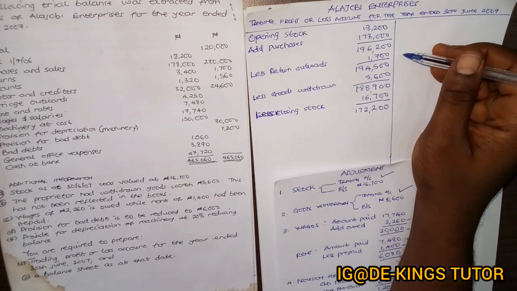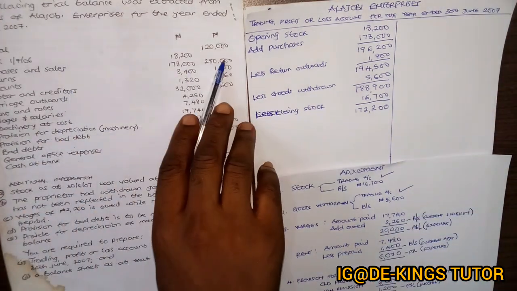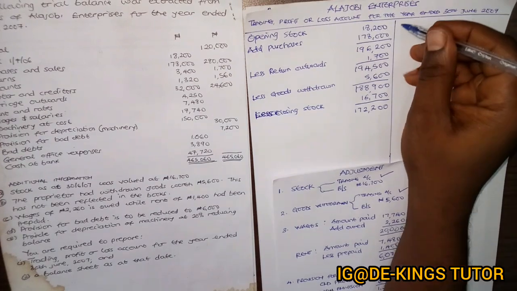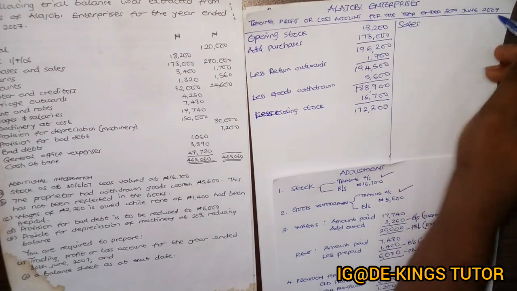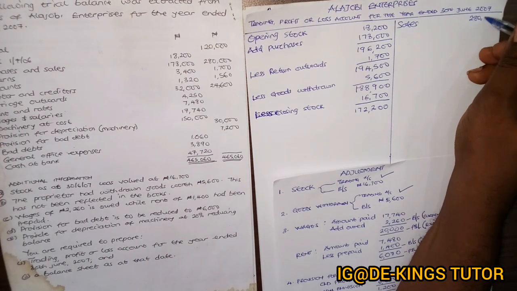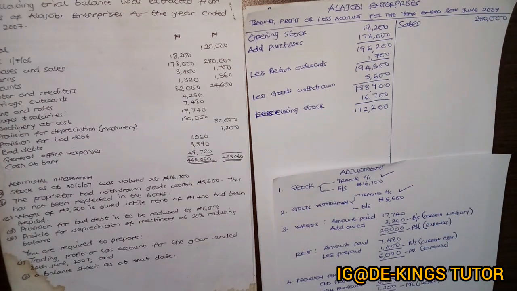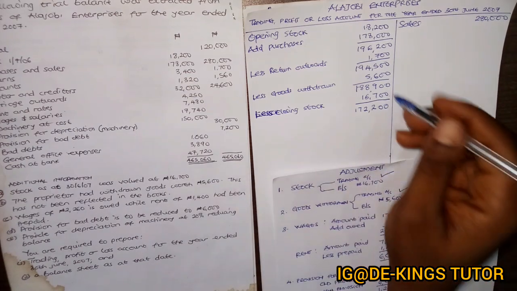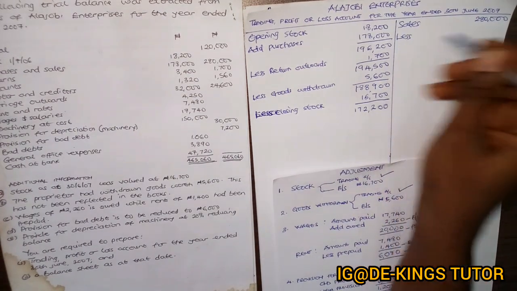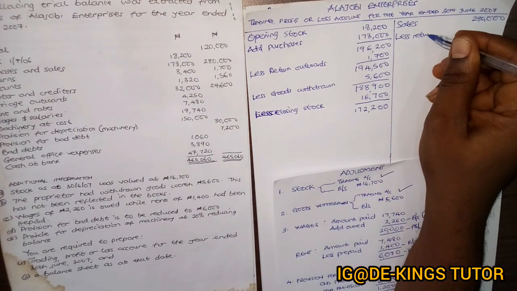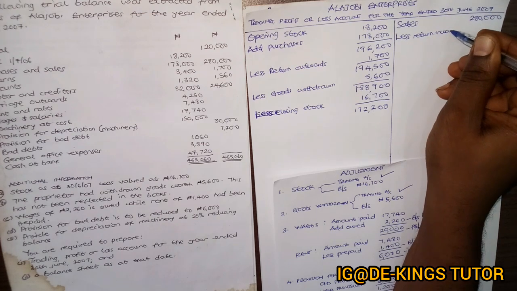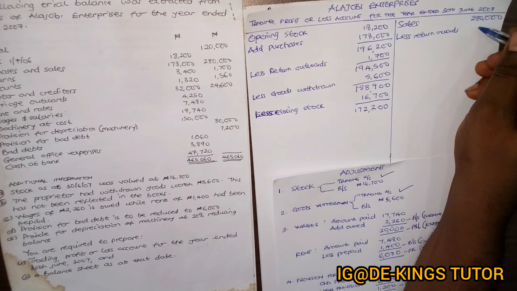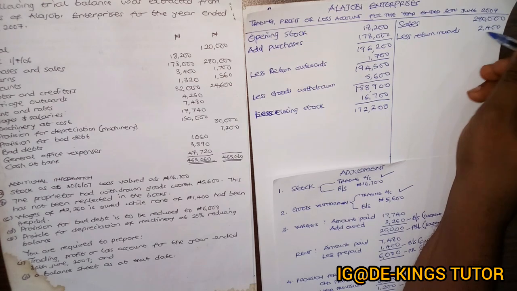So here, what will be the sales? The sales is 280,000. Now we'll check if there's return inwards. There's return inwards 34. So we'll have less return inwards 2,400.